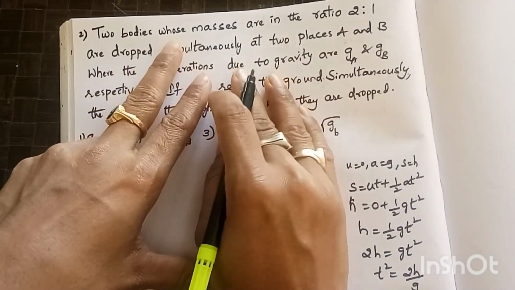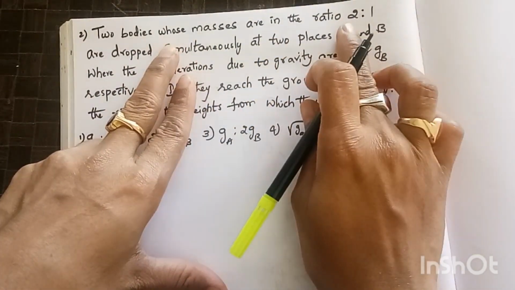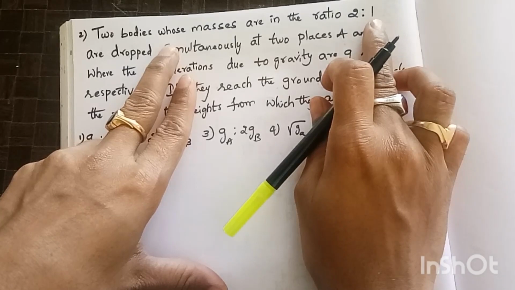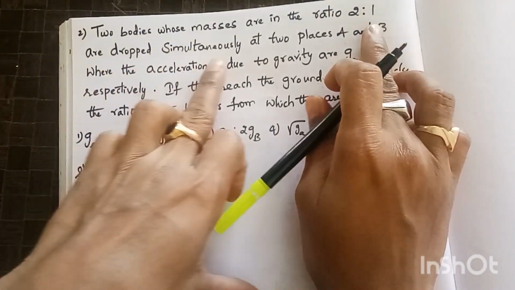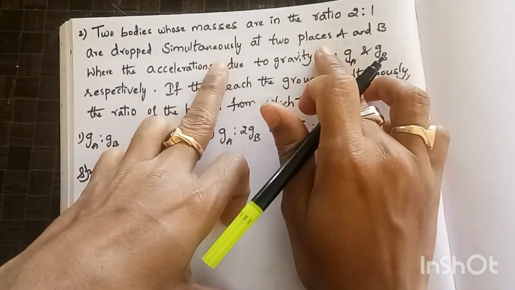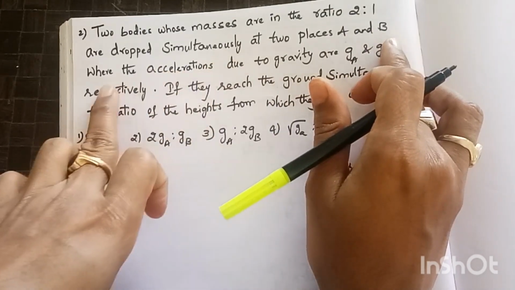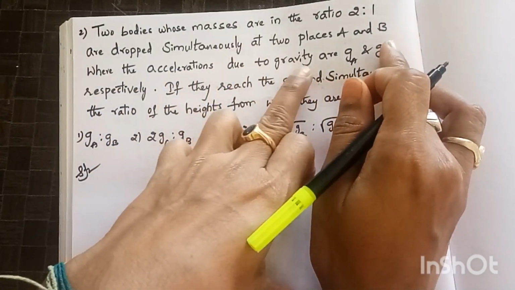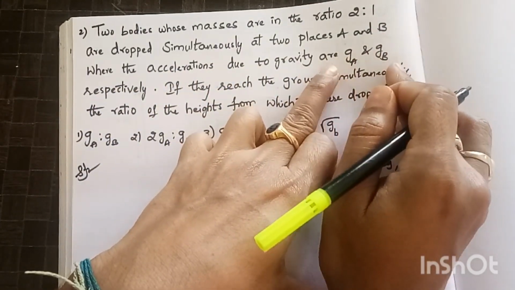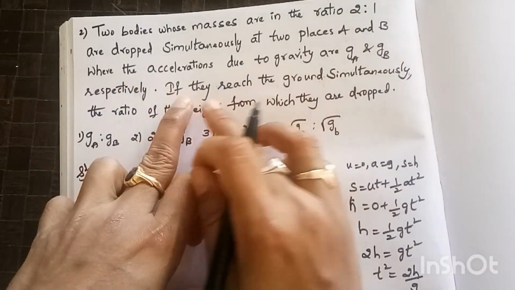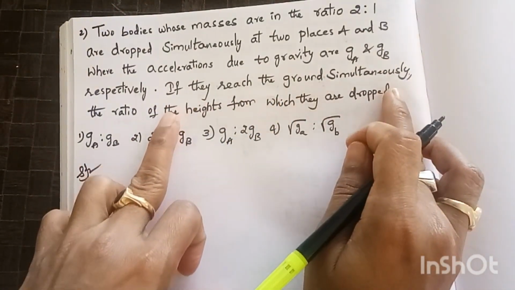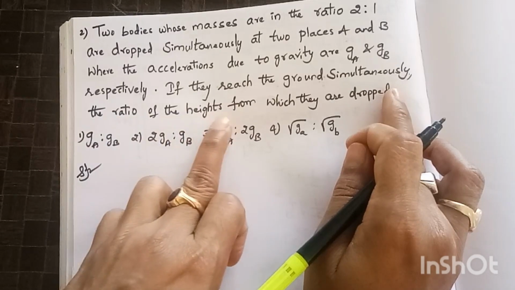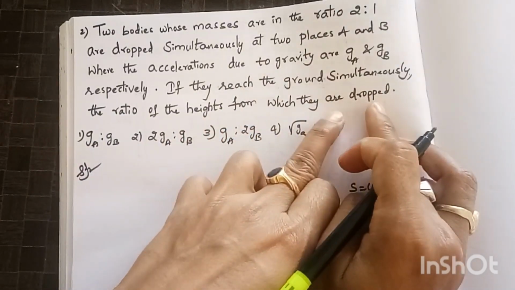Next problem: two bodies whose masses are in ratio 2:1 are dropped simultaneously at two places, A and B, where the accelerations due to gravity are GA and GB respectively. If they reach the ground simultaneously, find the ratio of heights from which they are dropped.